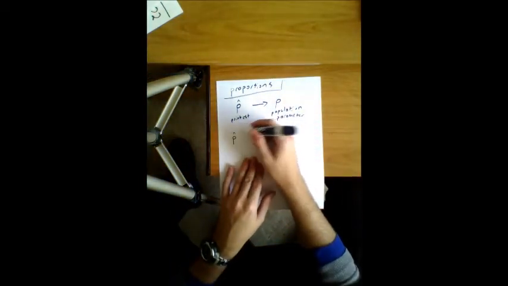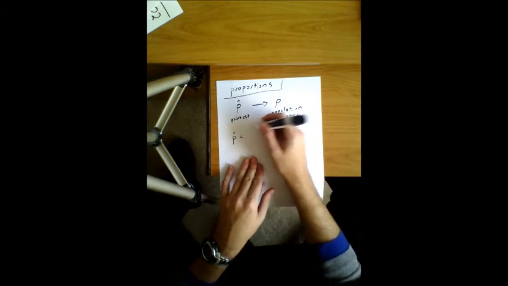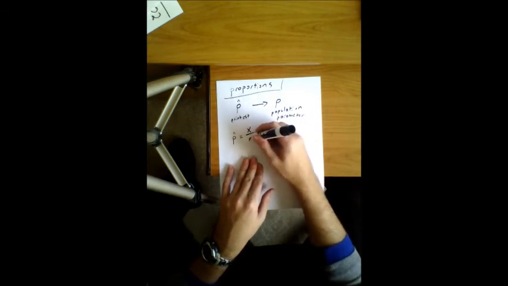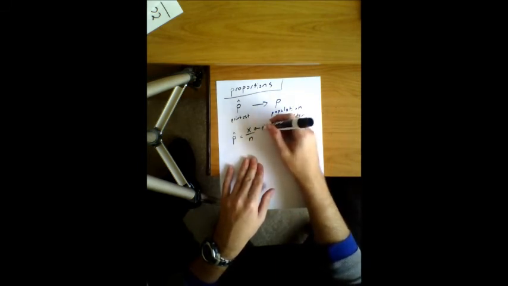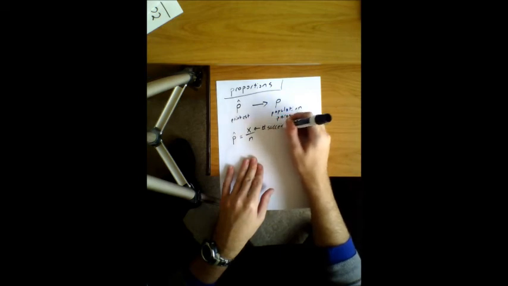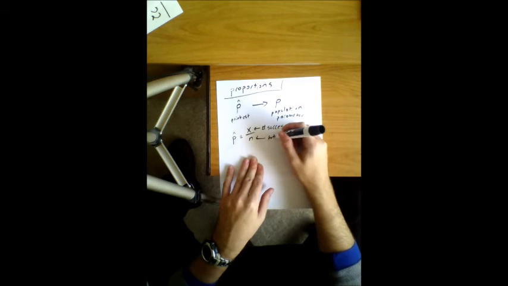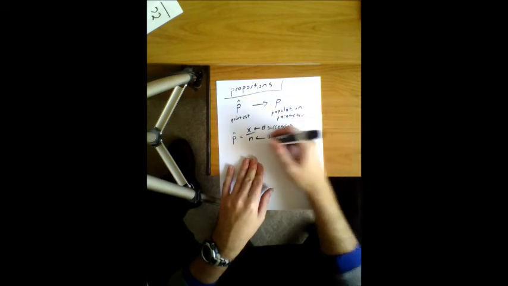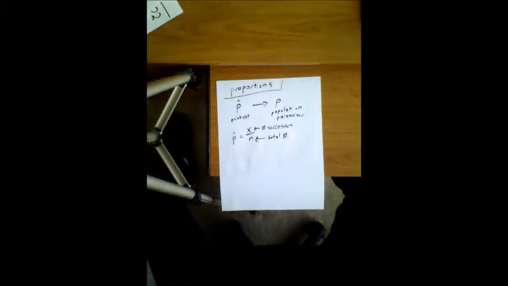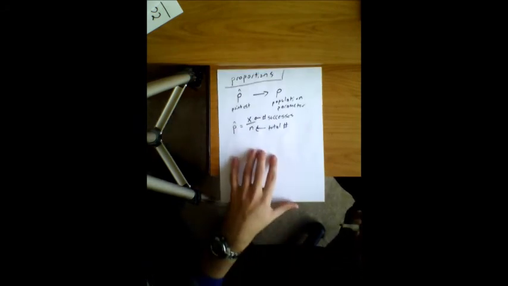What p hat actually is, it's just the number of successes over the total number. So this looks very similar to stuff that we've already seen.